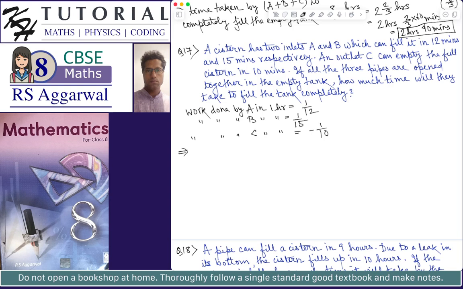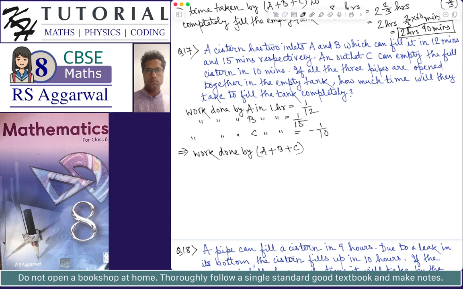So now we have to see what is the work done by all of them. Work done by A plus B plus C, that is when all the three taps are working together, or it means that when all the three taps are open.